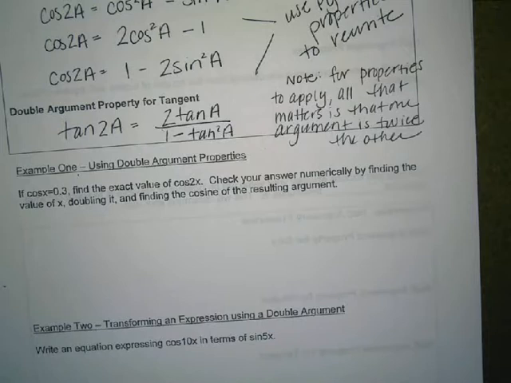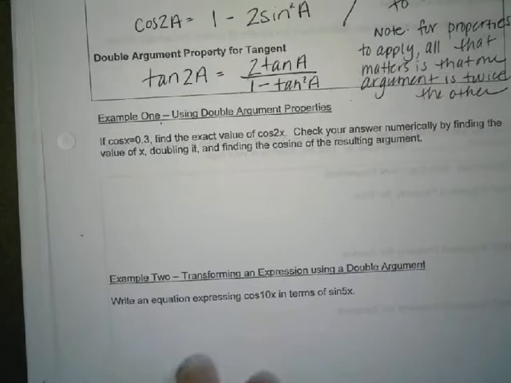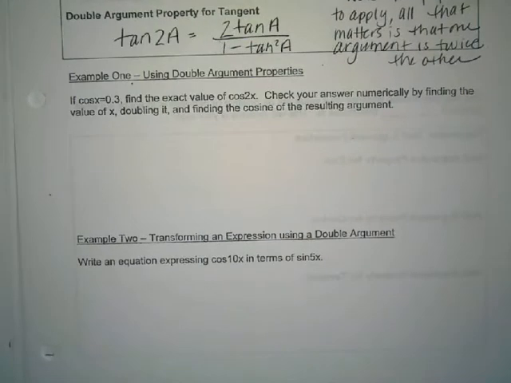Okay. Then we're going to do some examples here to use the properties. So, for example 1, they're giving you a value of cosine x. Anywhere in here, does it give you what x is? Does it give you the angle? No. I mean, eventually it tells you to find the angle, but in this case it doesn't give it to you.